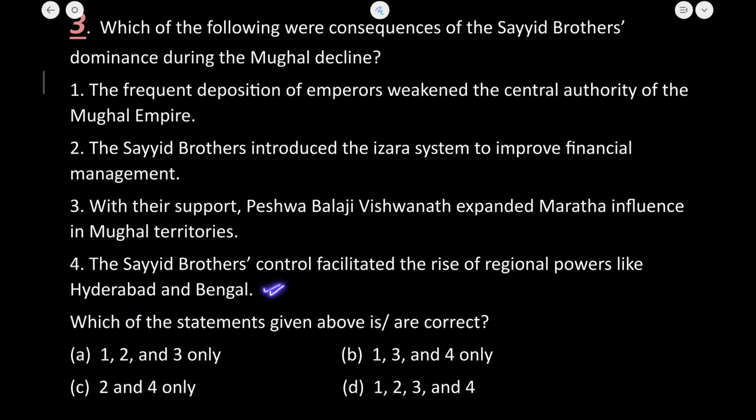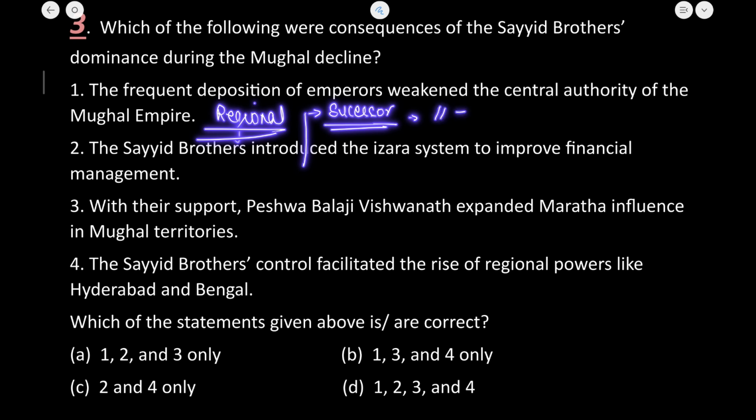Why is it true? Because after the decline of the Mughal Empire, there was a rise in regional states. These regional states were of a few types. First was the successor states. So what were these successor states? These were earlier a part of the Mughal Empire, but later they broke away. One example was Awadh.